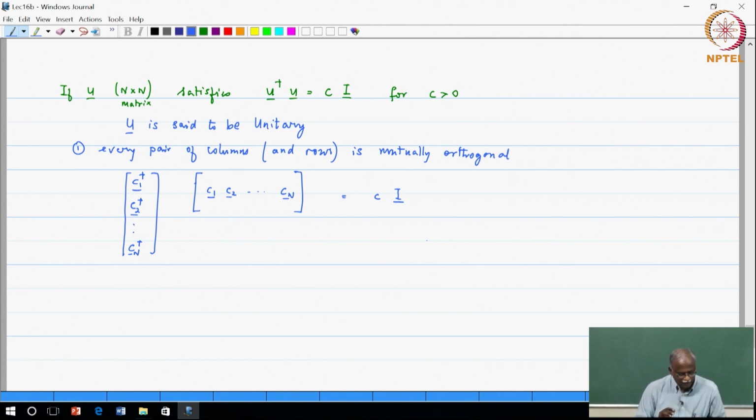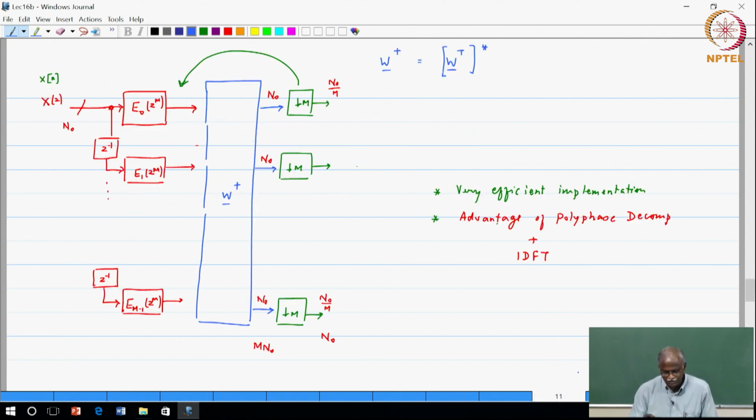But I want you to do the following exercise. Can you take a look at this structure and replace this with the DFT matrix, and then think about what change is happening.